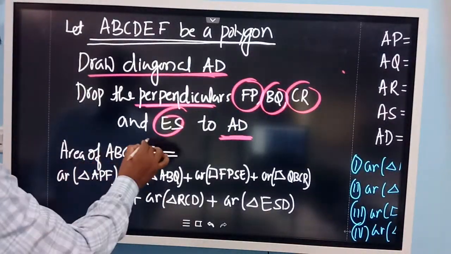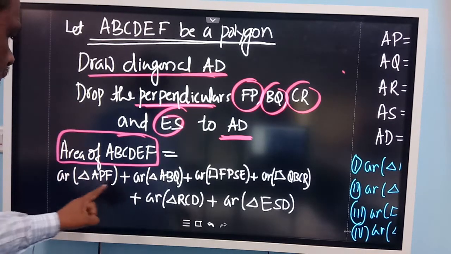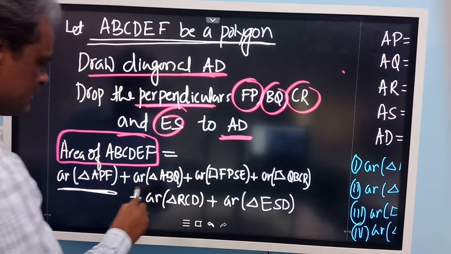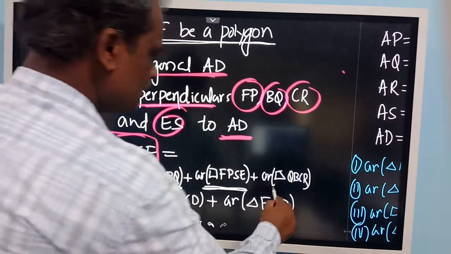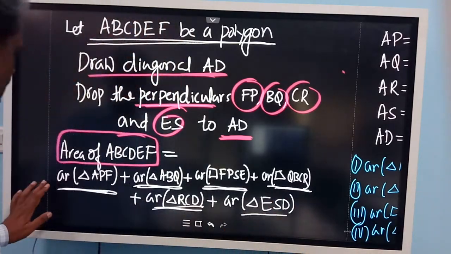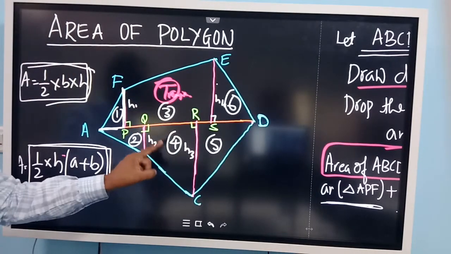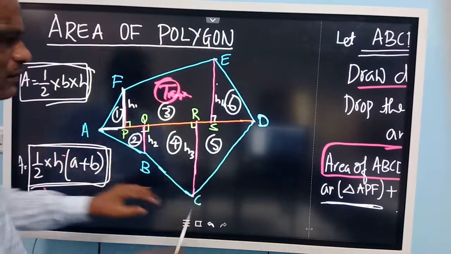Area of ABCDEF, this is a polygon, is equal to the sum of the areas of this. One is triangle, second triangle, third one is trapezium, another one is trapezium, triangle, and then triangle. So triangle, triangle, trapezium, trapezium, triangle, triangle. I have written this there.